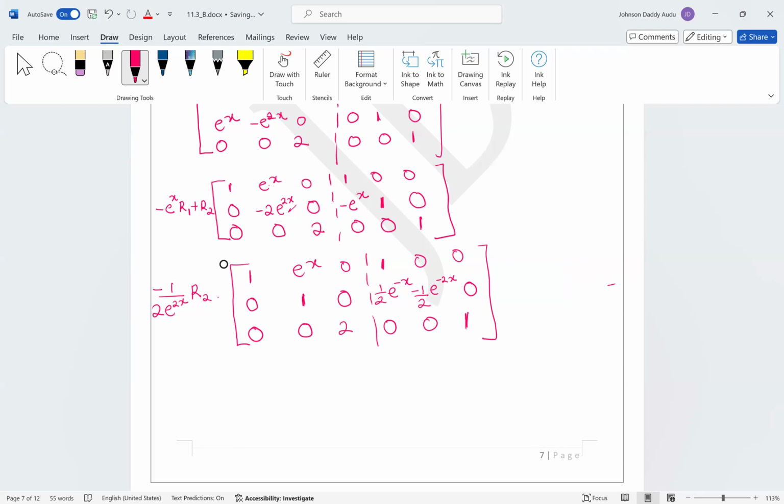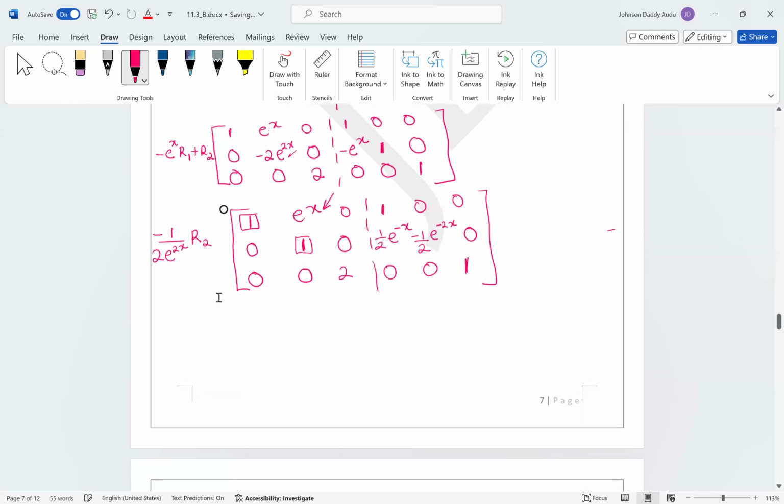So what next? This is 1. This is 1. So we want this one to go to 0. And how can we do that? We can say minus e^x R2, then we add it to R1.